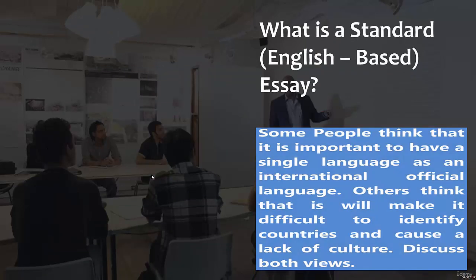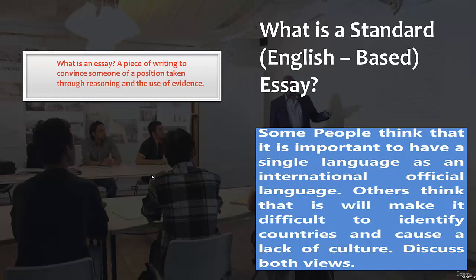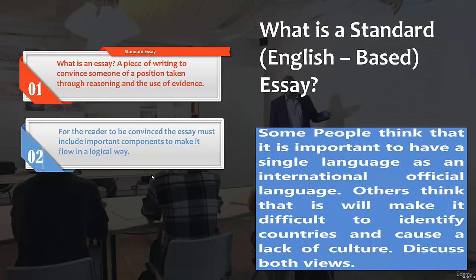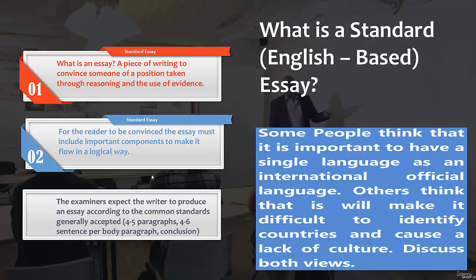So, what is a standard English-based essay? Let's just start with the foundation. What is a standard essay? It's a piece of writing that is used to convince someone of a position that you're going to take. You must use a certain level of reasoning and evidence to score very well.